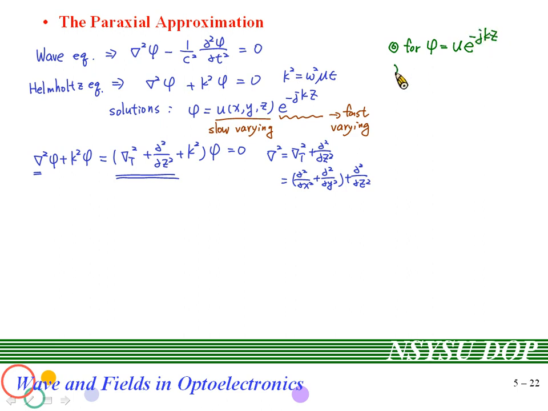Let's perform the operation partial phi over partial z. Clearly, according to the expression of phi shown here, u is a function of z and the exponential is also a function of z. So partial phi over partial z can be obtained as the following equation.